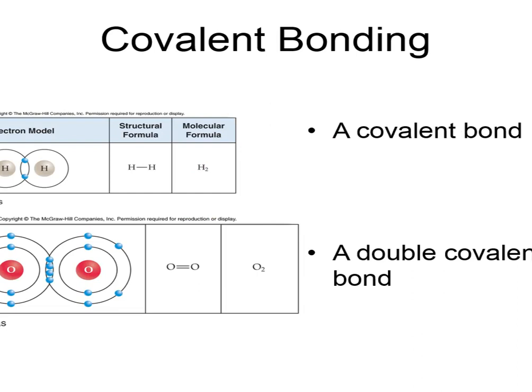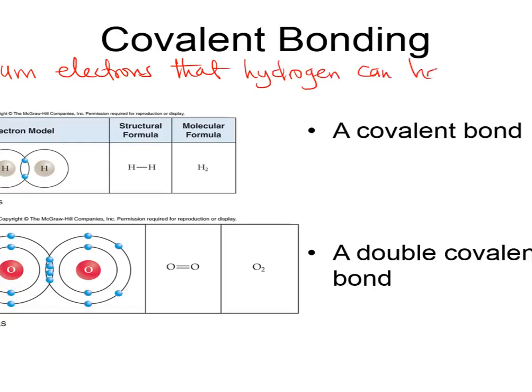Let's take these 2 hydrogen atoms. The maximum electrons for hydrogen is 2. So the maximum electrons that hydrogen can have is 2.